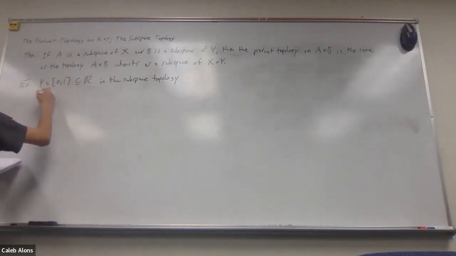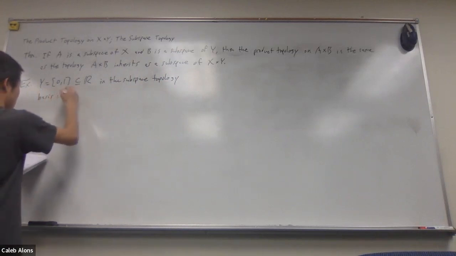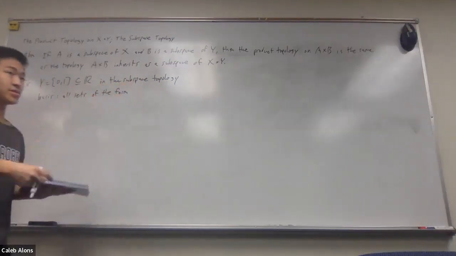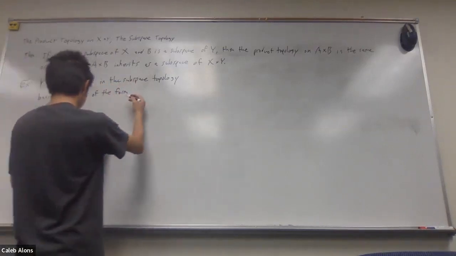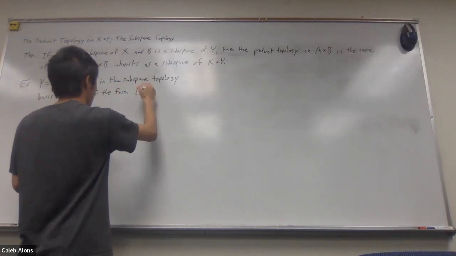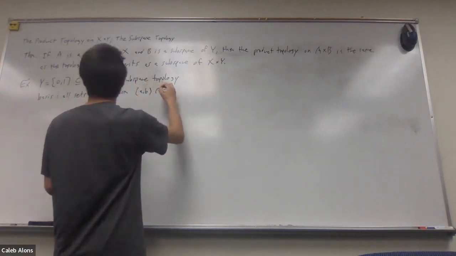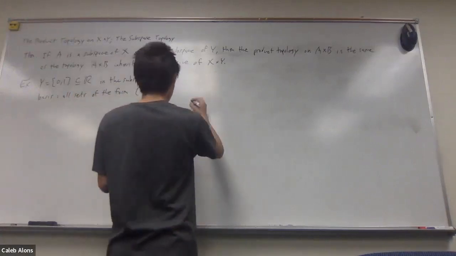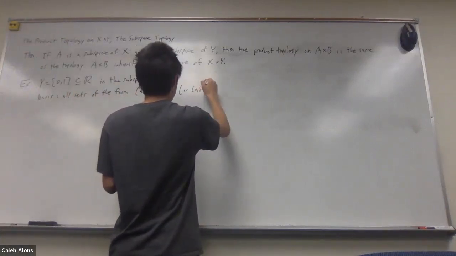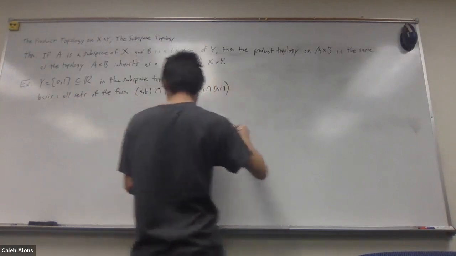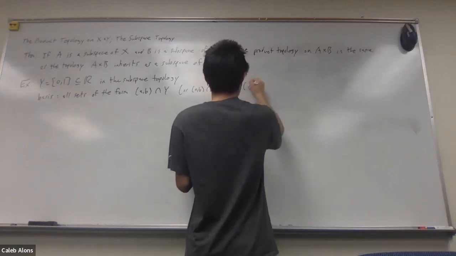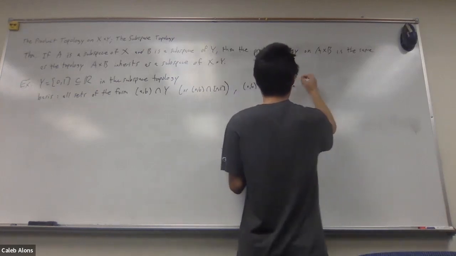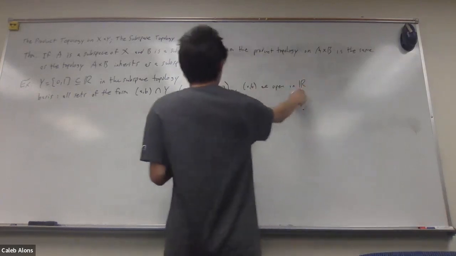And so the basis is going to be all sets of the form, by the definition earlier, take your subset and intersect it with open sets (a,b) that intersect with my subset Y from R, or I could have just put [0,1]: (a,b) intersect [0,1], where each of the (a,b) are open in R, which is like the X in our definitions.